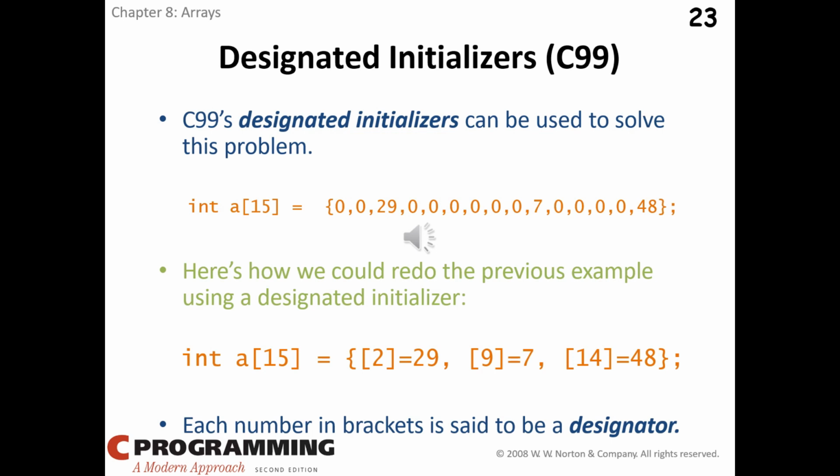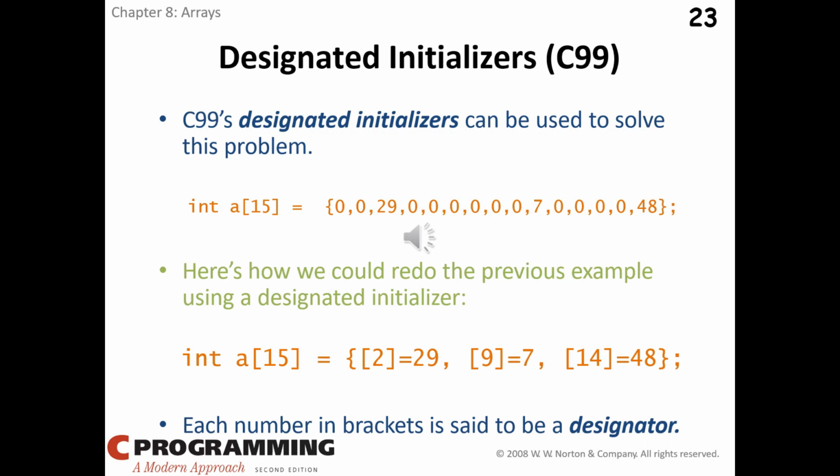So each number inside the square brackets is called a designator, and it tells the computer exactly where to put each value. So it's like giving direction to a friend who's decorating the cookies that we made. And just like that, with designated initializers, we can customize our arrays with ease and avoid the hassle of writing out every single value.